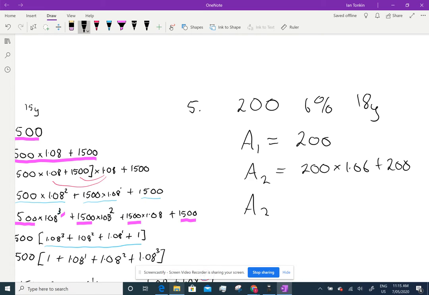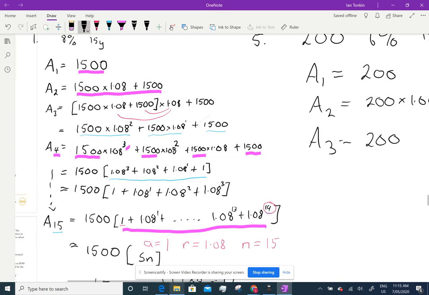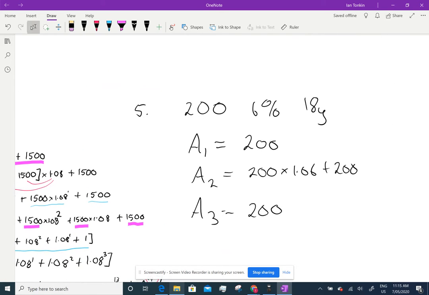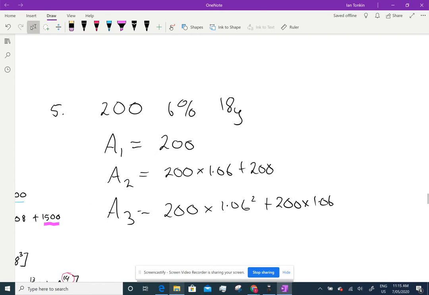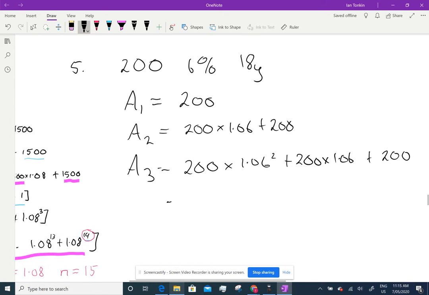On his third birthday, he's got 200, I'm not going to write it out like I did before because I know what I'm doing now, times 1.06 squared plus 200 times 1.06 plus another 200. I'm going to factorise out that 200. I'm going to turn the 1 plus the 1.06 around.